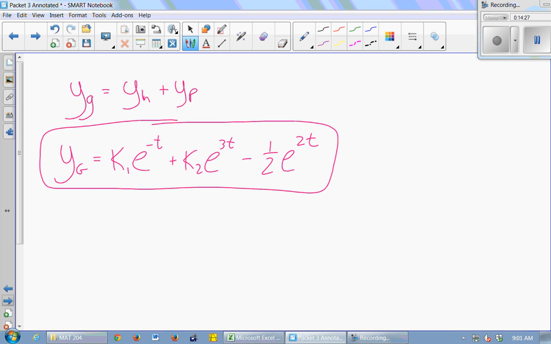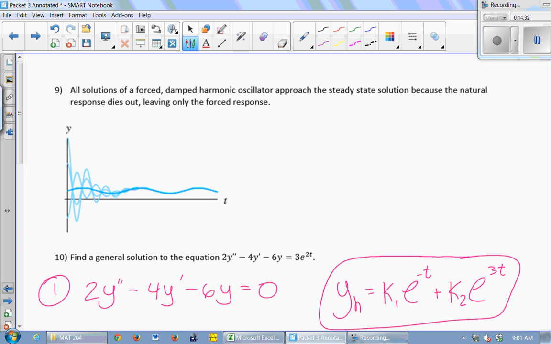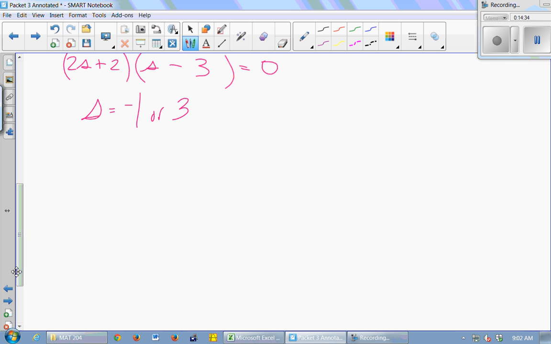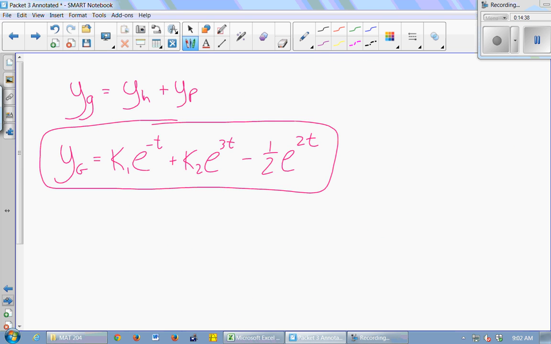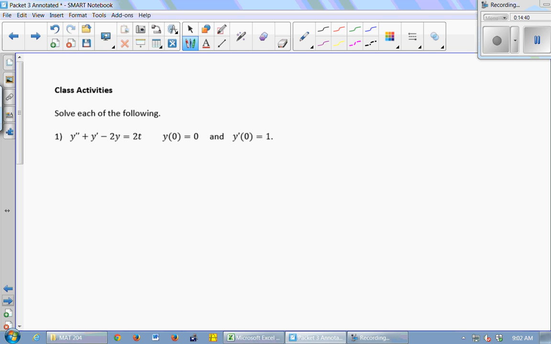Not so bad, right? That's it. Okay, so your first one is an initial value problem, which means you're going to have to go a couple steps further to find the K1 and the K2.